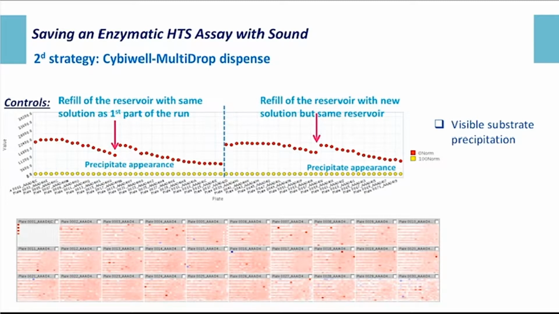And as you can see on the bottom part of the slide, on this global overview of the plate, we've got a beautiful line effect on all plates.